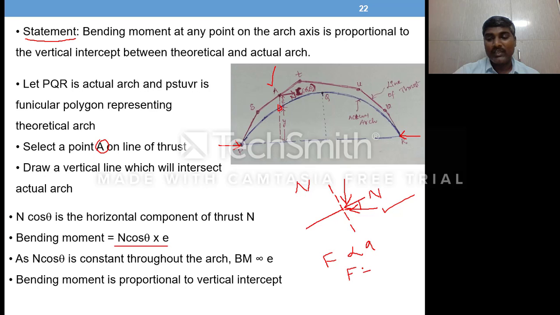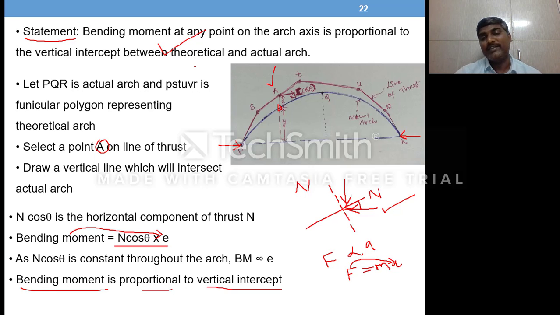By removing proportionality, we write F = MA, relating force and acceleration. Similarly, we relate bending moment to E, the vertical intercept. So bending moment is proportional to vertical intercept, as said in the statement. This is clearly what is meant by Eddy's theorem and how you prove it.